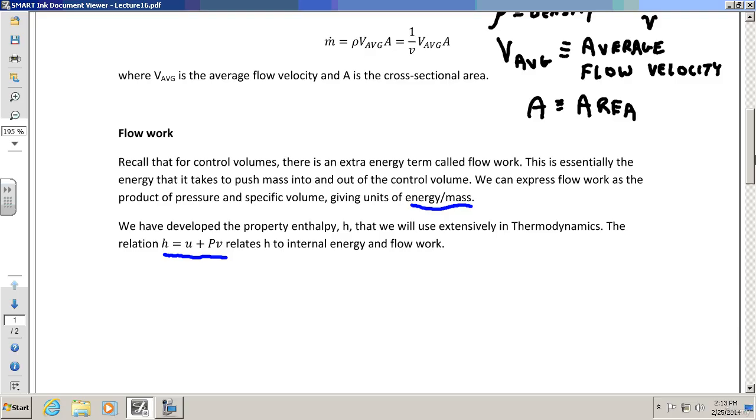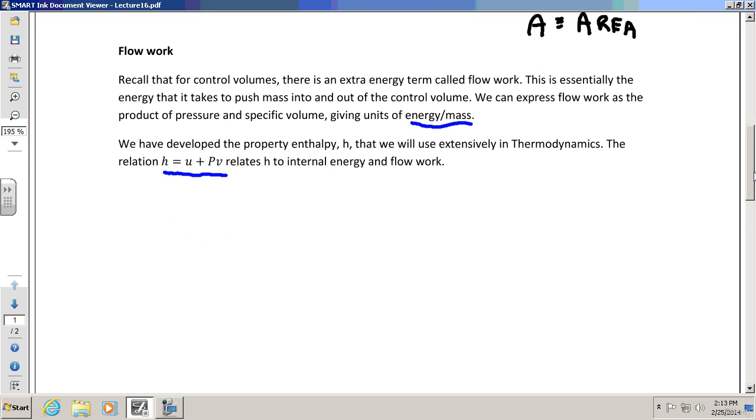That's called flow work. So we have that extra term to account for, and it relates internal energy and flow work, and we call it enthalpy. We're going to use H a ton. You're going to get used to using them all the time now instead of U's. U's are for closed systems, H's are for control volume open systems.